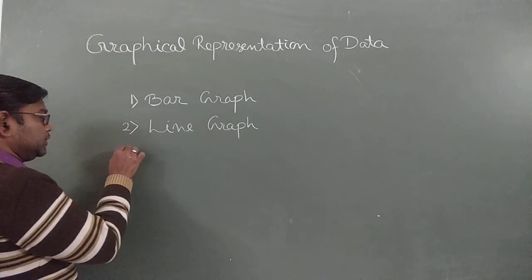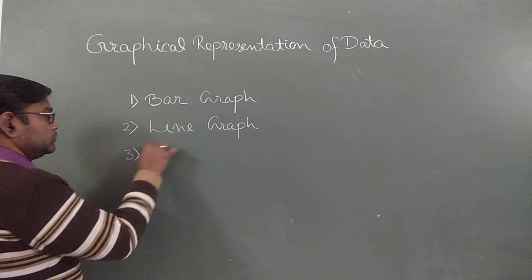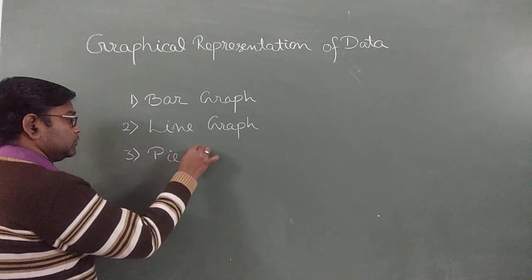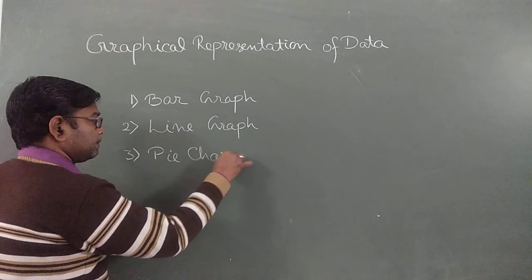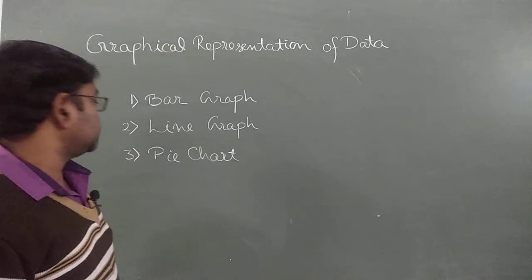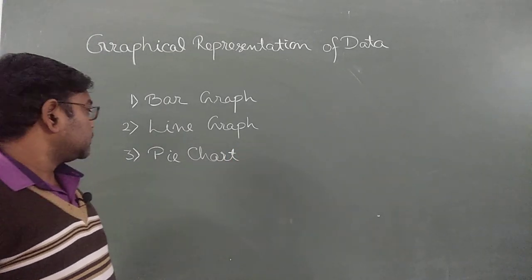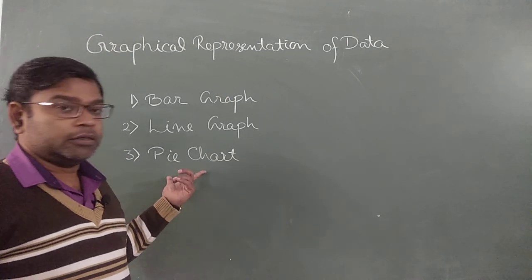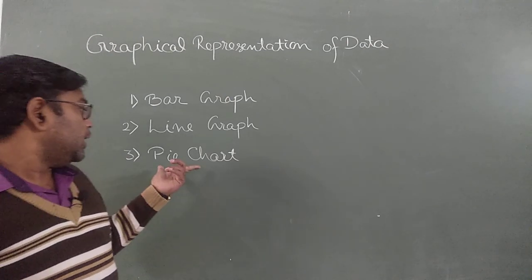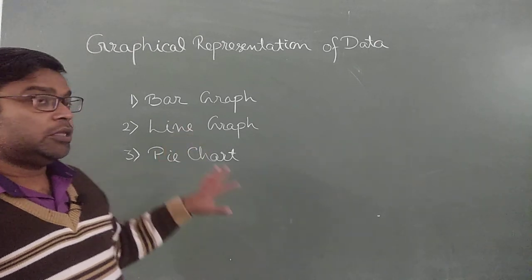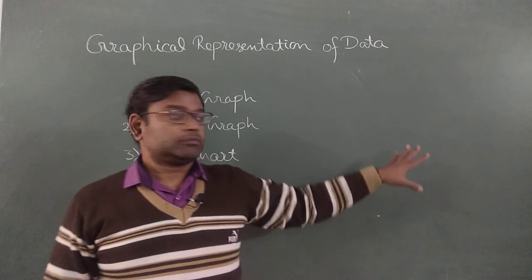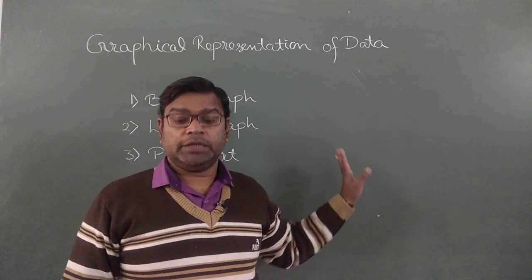Third one is your pie chart. Pie chart is a type of picture, a circle like a pizza pie, and we use different types of sectors to represent the data.